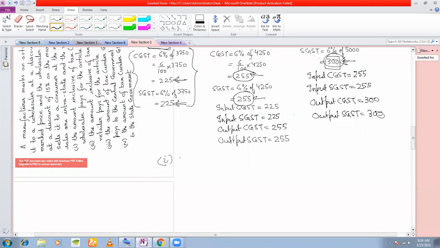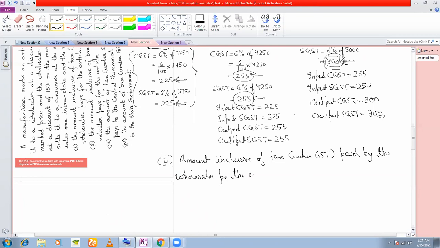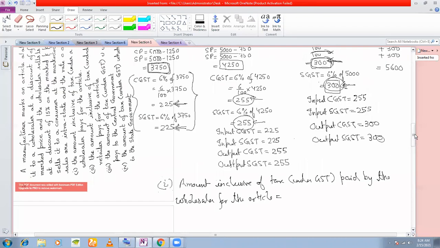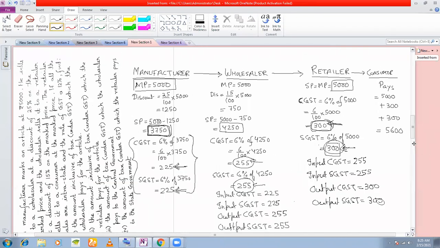Let's write this: amount inclusive of tax under GST paid by the wholesaler for the article is the selling price of the manufacturer, as I said, 3,750.